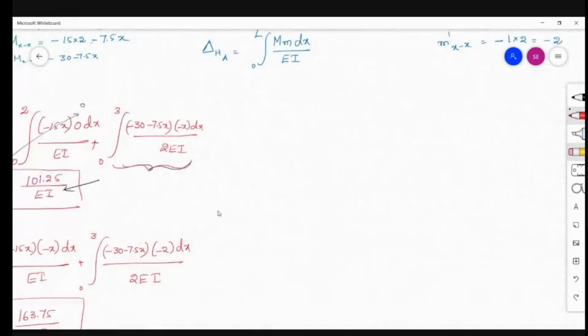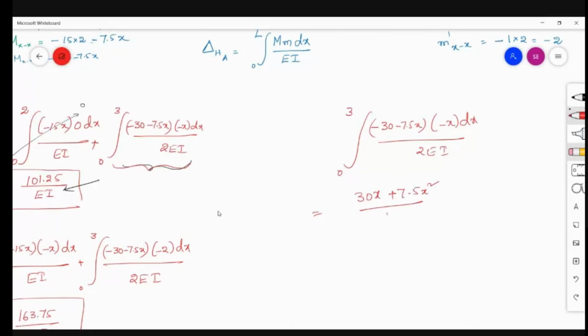I am writing here 0 to 3, minus 30 minus 7.5 into x, into minus x, into dx by 2EI. This is minus 30 into minus x, 30x, plus 7.5 into x squared, by 2EI, integration over 0 to 3.